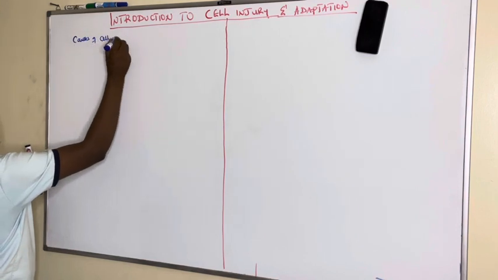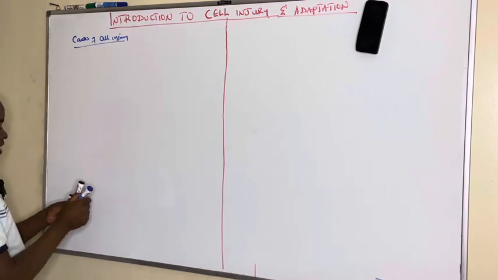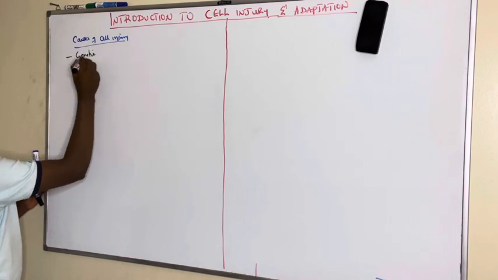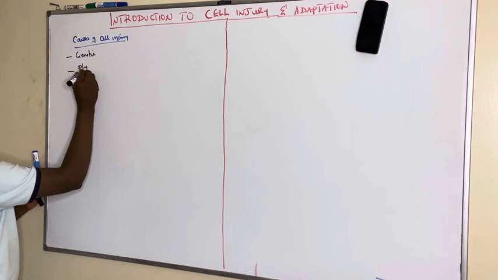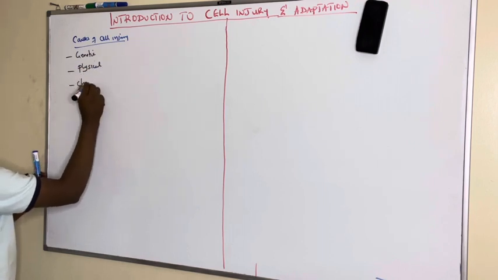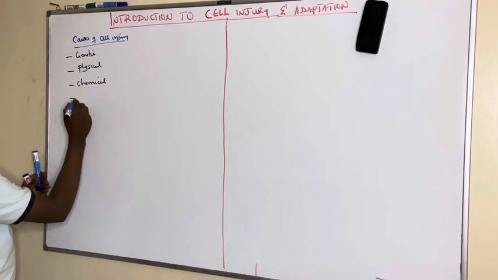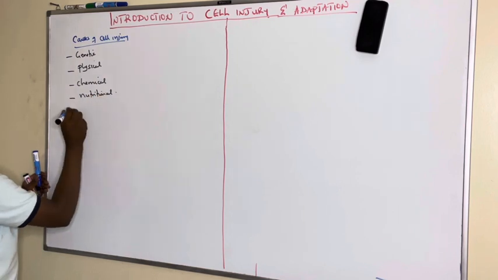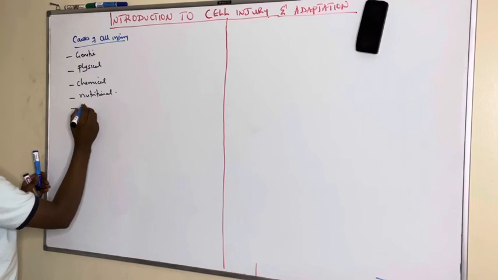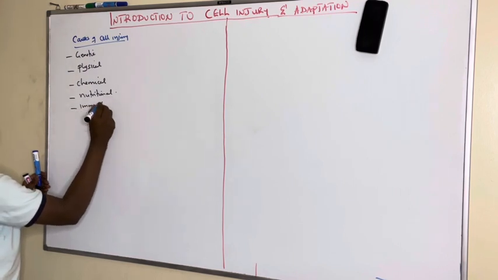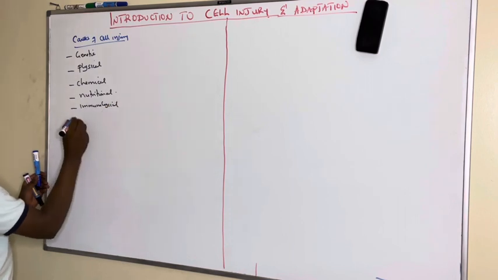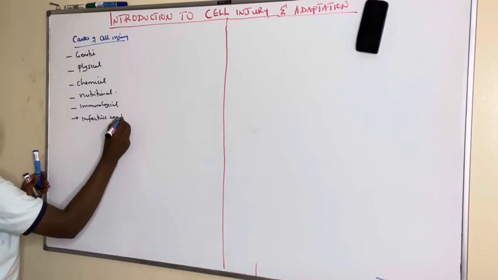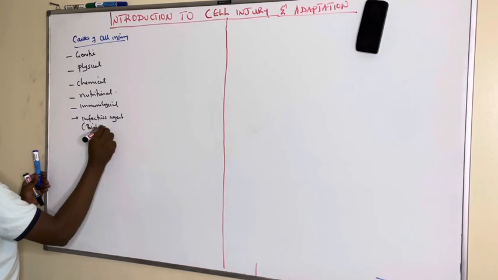Causes of cell injury include: they can be genetic, they can be physical, they can be chemical, they can be nutritional, they can be even immunological causes, and finally we shall see infectious agents, what sometimes we can refer to as biological causes.